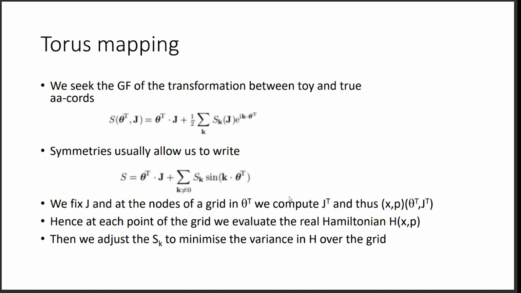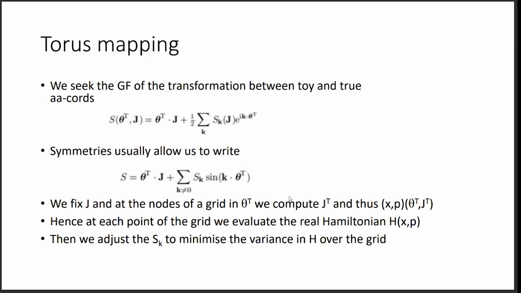Where's J toy gone? It's not here yet. It's coming from derivatives. Okay, so the T stands for toy, and we're going to have the toy angle action variables, which are the angle action variables of the isochrone, which are good because we have these analytic formulae for converting them into x and v.